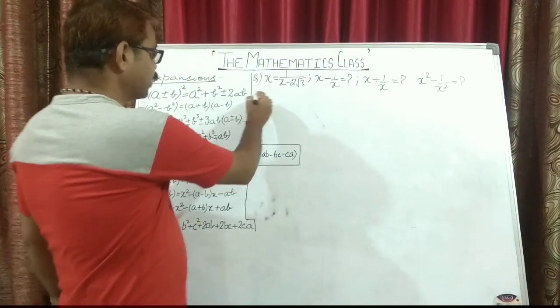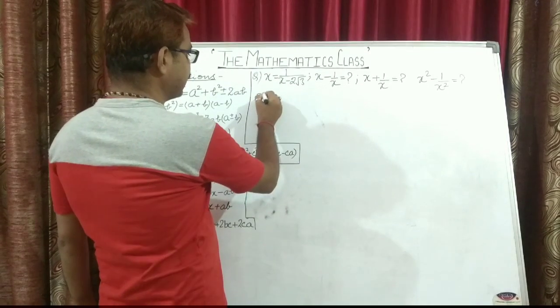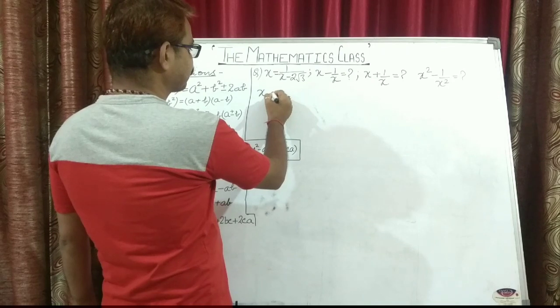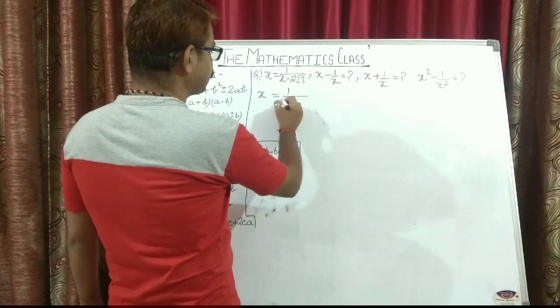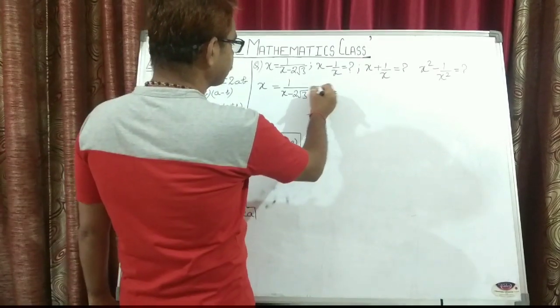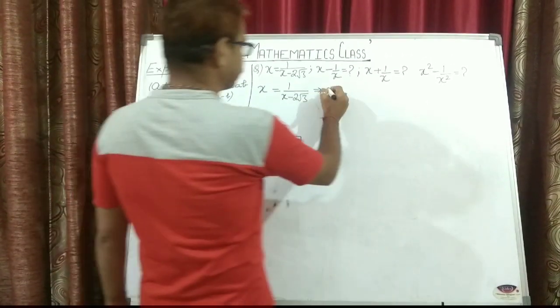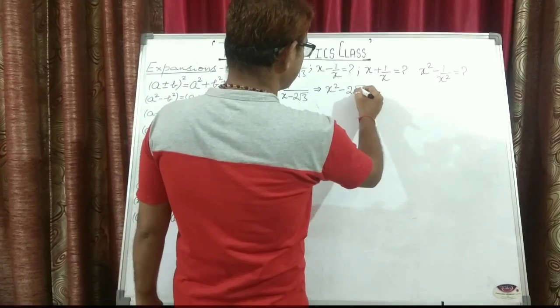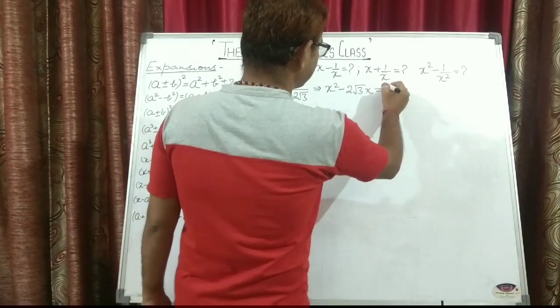First of all, what we can do, it is given that x is equal to 1 upon (x minus 2 root 3). If we cross multiply, we will get x square minus 2 root 3 x is equal to 1.